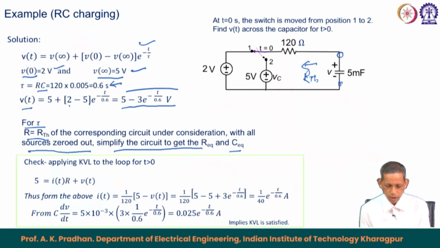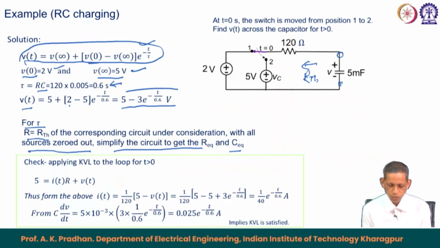Now, for this answer, from this expression we got V t equal to 5 minus 3 e to the minus t by 0.6. So, let us check its correctness. For that we apply KVL to this loop. Which loop? This loop, because at t equals 0 this becomes your circuit.